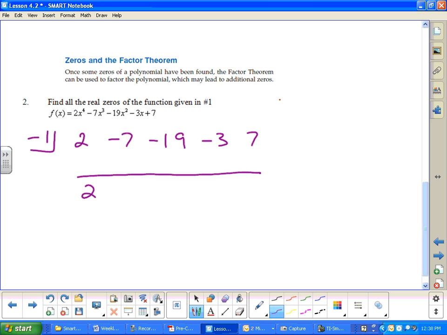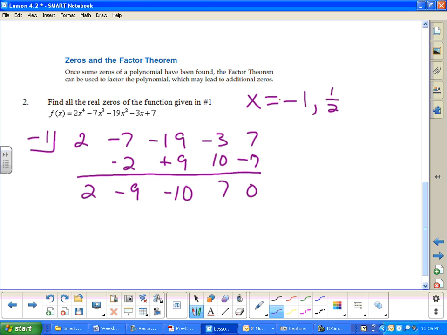So we got 2, multiply -1 times 2, we get -2. So this is -9. Plus 9 here, so that'd be -10. Positive 10 here would give me 7. Times -1 is -7, and we get 0. So I take one of my zeros, and use the synthetic division.